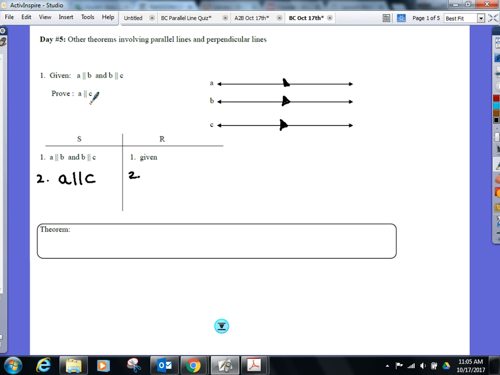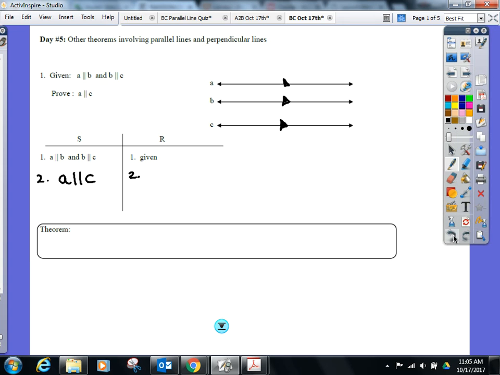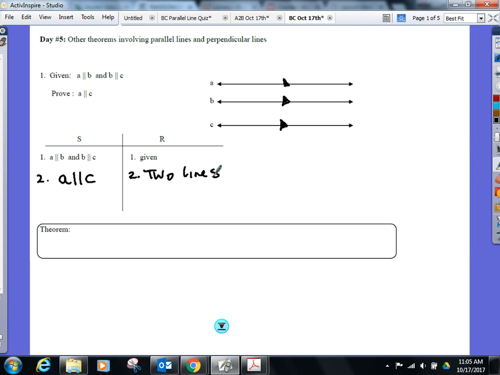Okay, so there's our theorem. 2 lines, which in this case would be A and C. 2 lines parallel to, Justin, what are they both? What are A and C both parallel to?